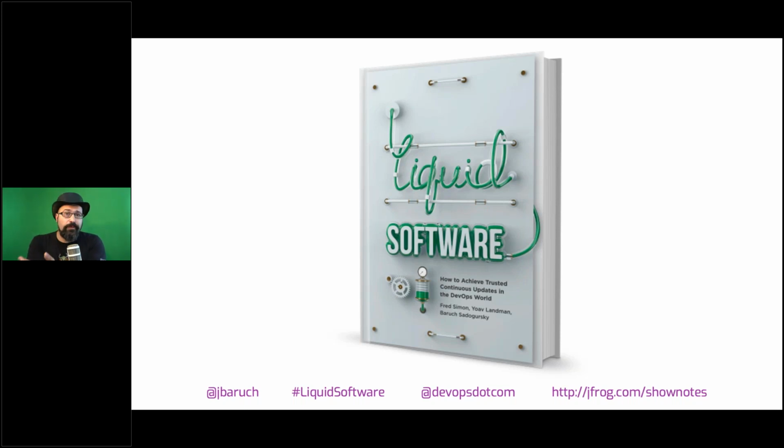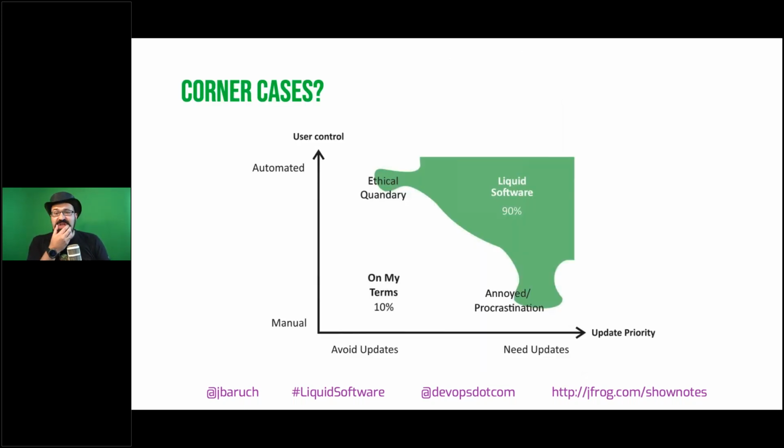The last thing before we get to the questions is the topic of corner cases. You probably think by now, well, yeah, it's nice for some kind of software, but I don't believe that any kind of software should be updated continuously. And you will be surprised how, at least in our view, small the number of those exceptions is.